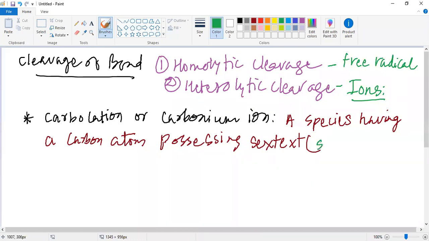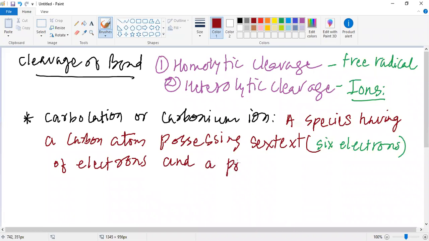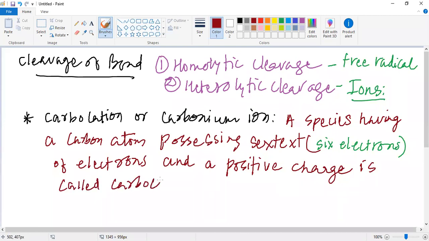This sextet means 6 electrons and a positive charge is called a carbocation, or carbonium ion.